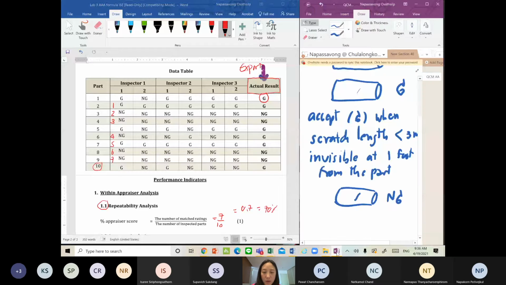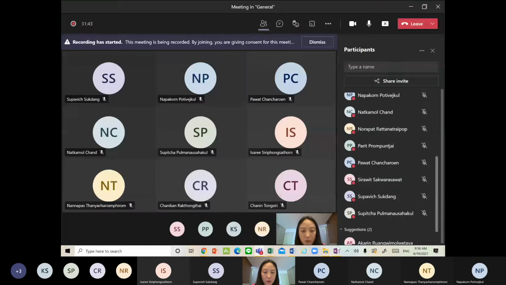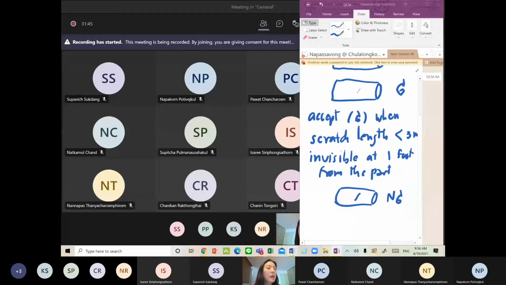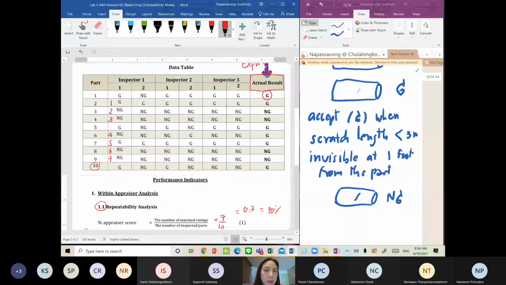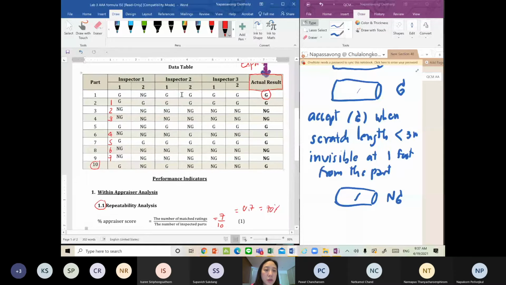Have you finished calculating the percent repeatability of inspector number 2? Do you want me to show you again how we do that?